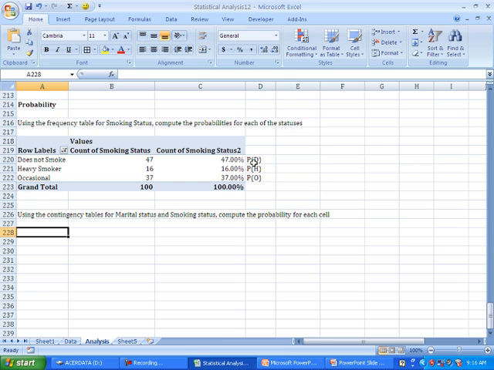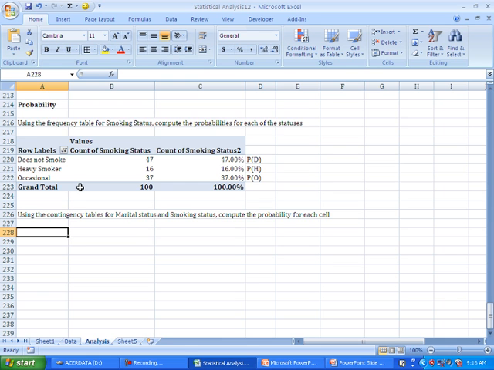So I can create a two-dimensional table involving two variables, and I can still compute the probabilities, because everything expressed in percentage form is what we are calling the probability.